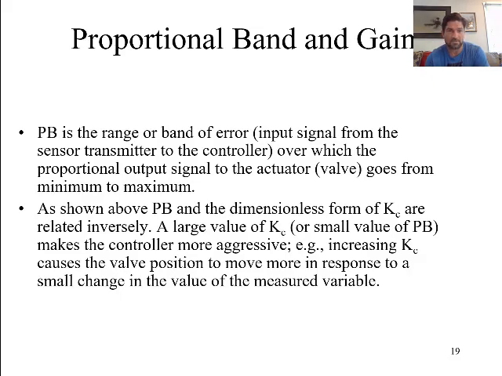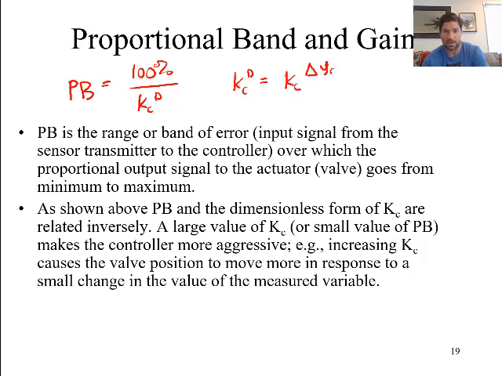Proportional band, PB for short, equals 100% divided by Kc dimensionless. I'm going to introduce another term, Kc dimensionless. This is Kc multiplied by delta ys over delta c.